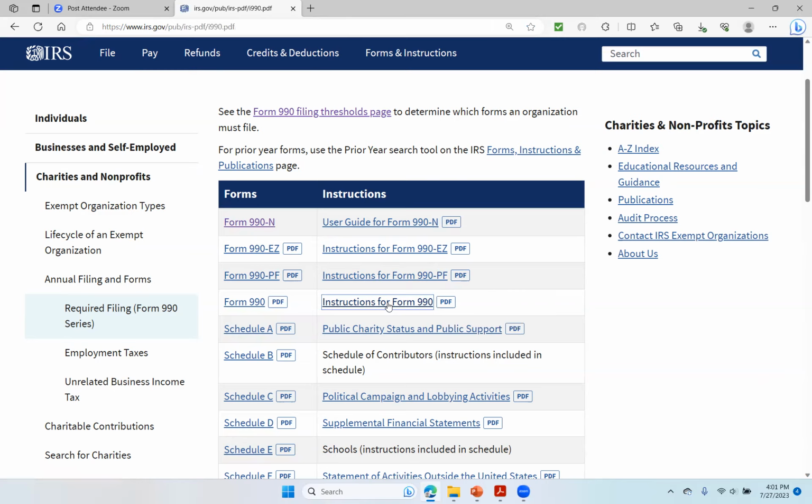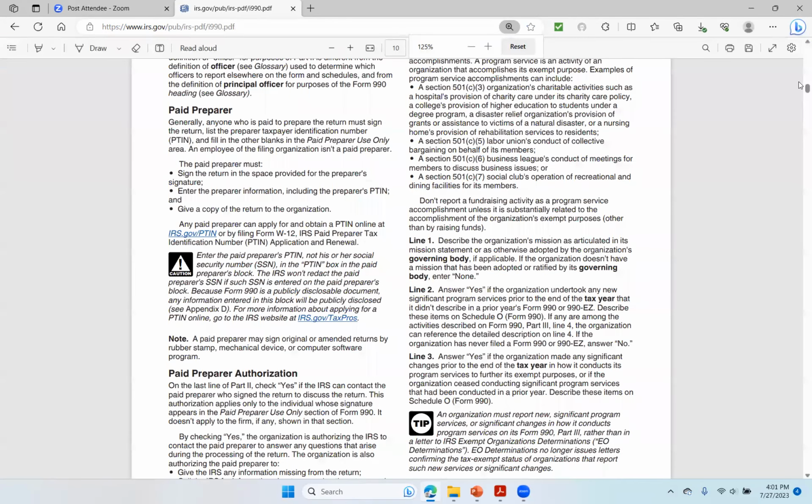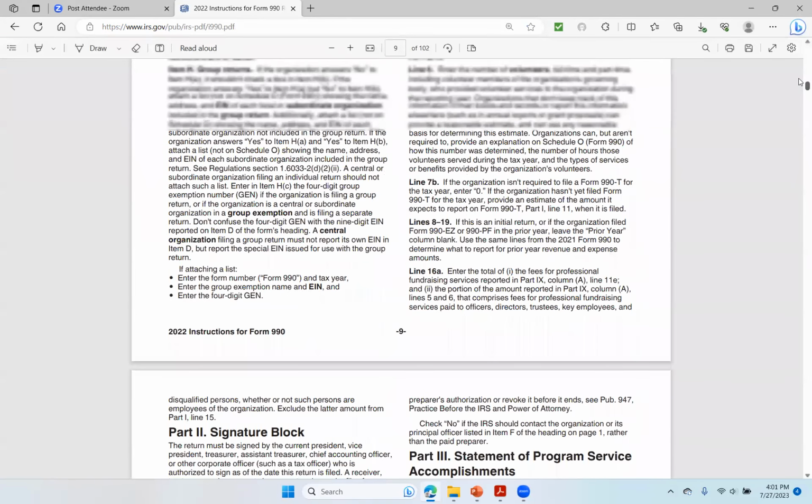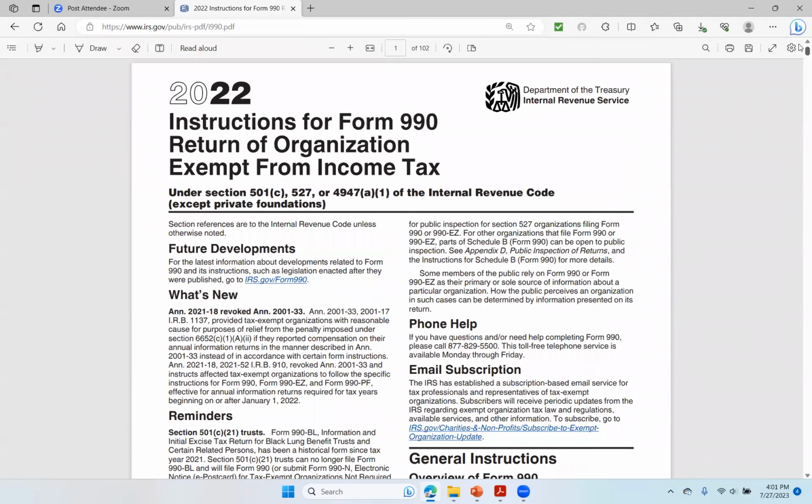So let's click on that and just scroll up. And this is the 2022 version, because it's going to have the current version on the irs.gov website, but you can locate the 2020 version. But it's basically the same information, just a little bit amendments here with what's new.